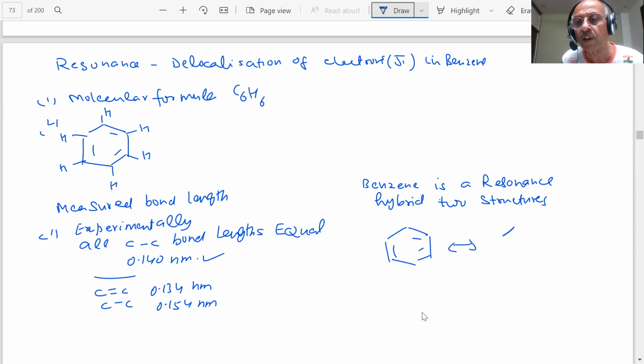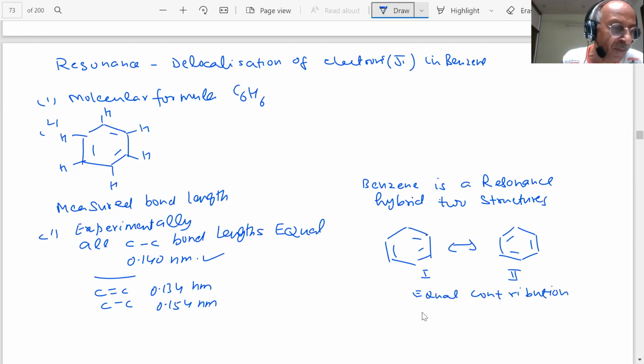We can draw another structure of benzene by shifting these double bonds. So it is a resonance hybrid of two structures, with equal contributions from both. That's what we said.